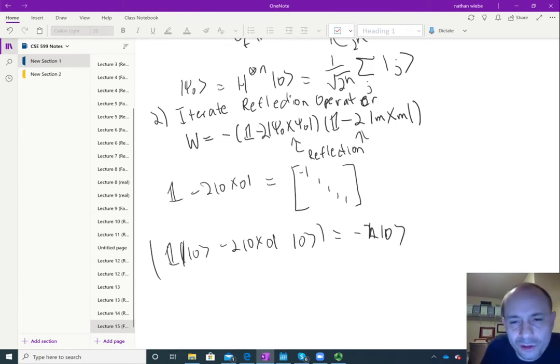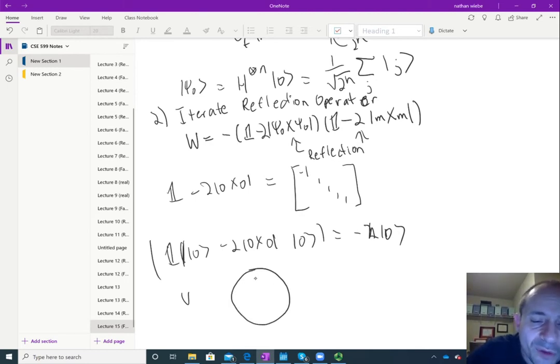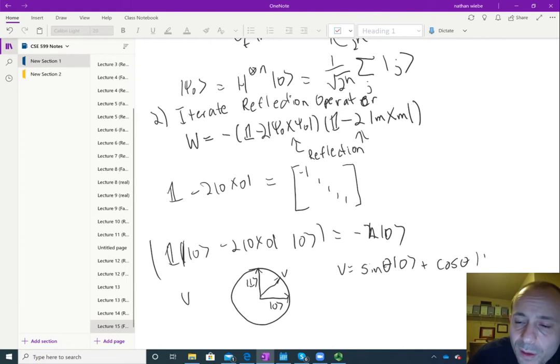Now, the next question is, okay, what does this actually mean? Well, if we've got a vector v, I'm going to draw this vector out in the following way. We can always see v as having some component in the 0 direction and some component in a perpendicular direction over here. Okay, what this reflection is going to do is take v, which I'll write as some arbitrary angle, sine theta |0> plus cosine theta |perpendicular>.